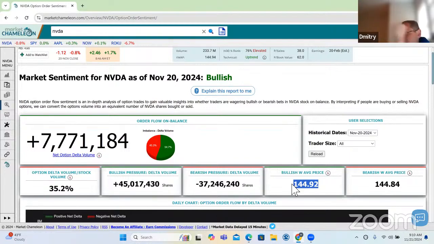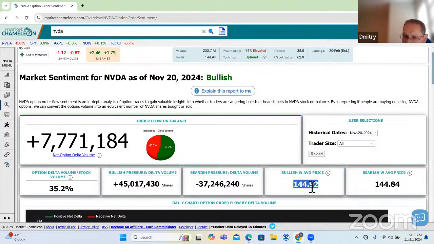So if there's buyers of call options, well, where was the stock price at that moment? Right. And then what we do is take the average of all of those weighted by the delta of this trade. So we could get a sense of where most of those positive deltas were established.